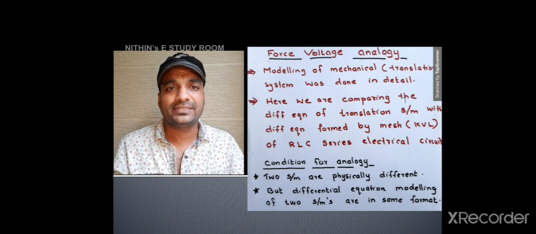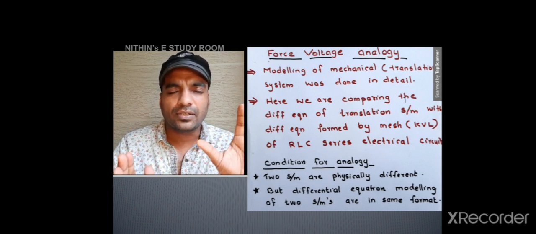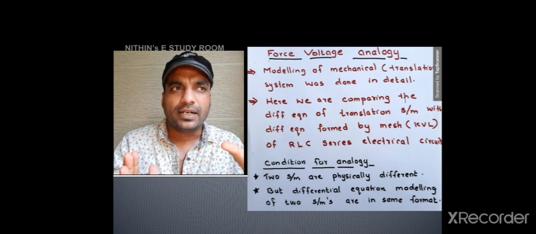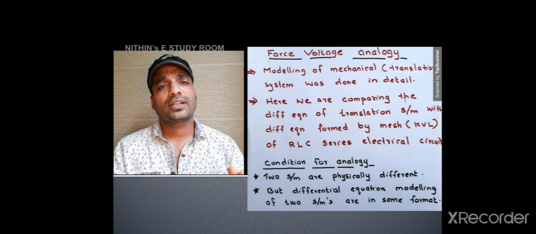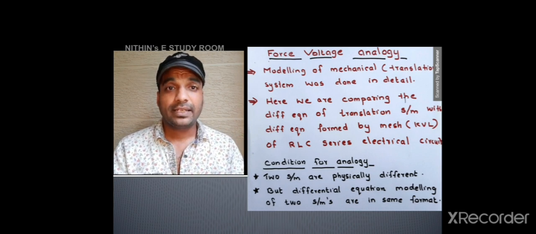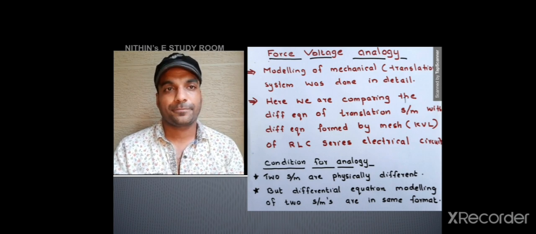The order should be the same. It should have identical coefficients and identical differential terms in each equation. So, the condition for analogy is simple. The two systems will be physically different, but their differential equations should be of the same format.